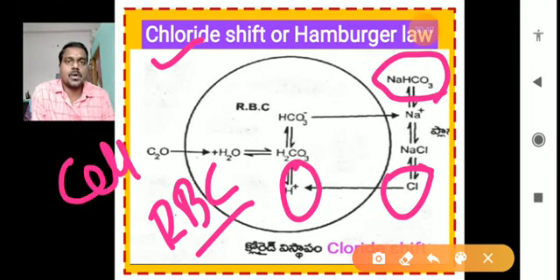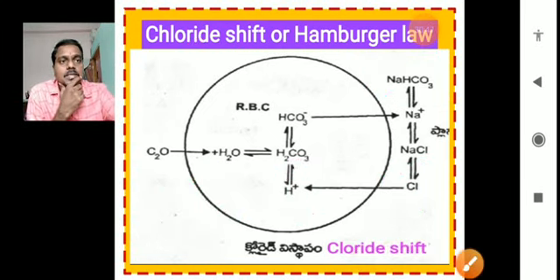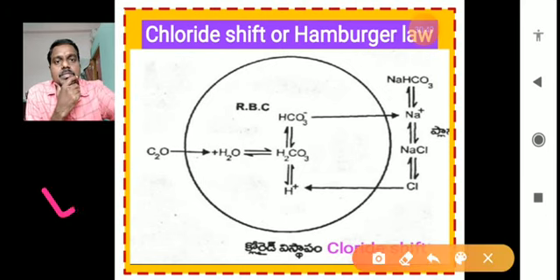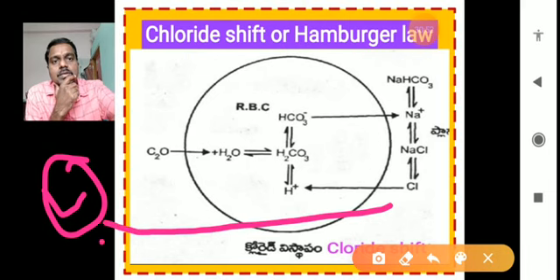Suppose this same RBC is transferred from the cells to the lungs.